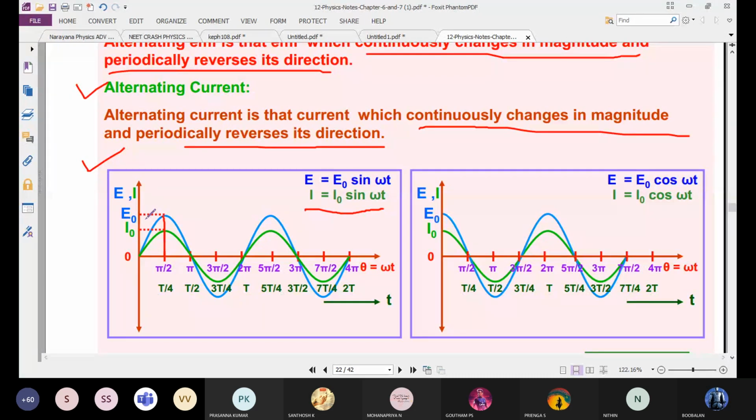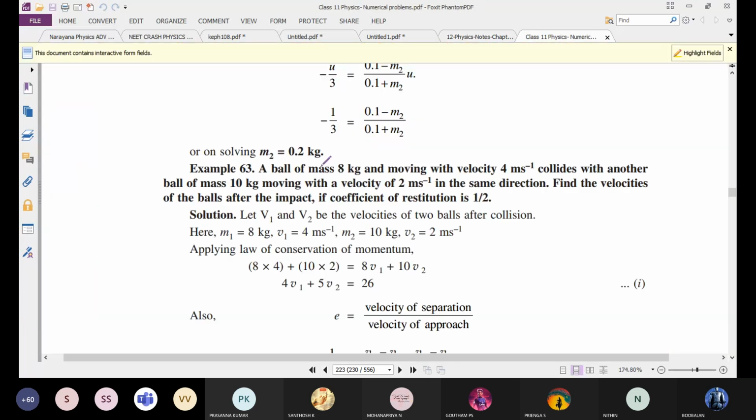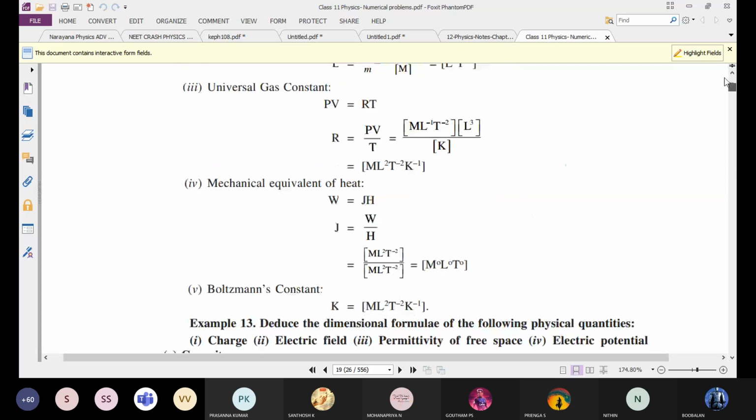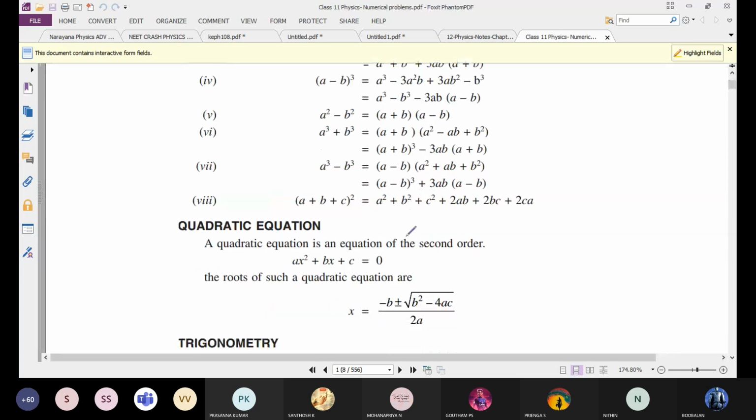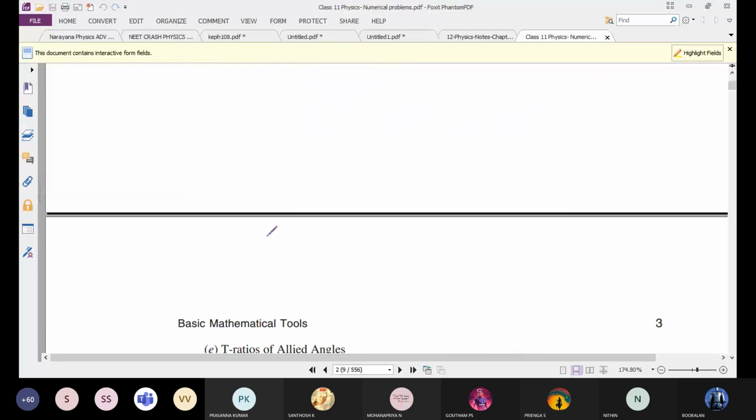Everyone complete the class work. Please note down the physics formulas, not the mathematical formulas. It is important for you.